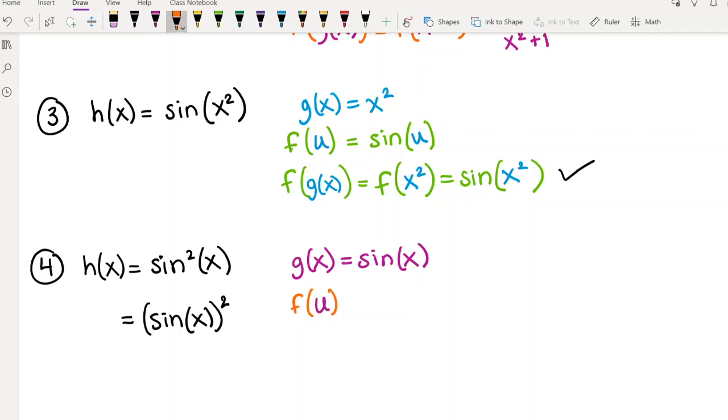So the outside function is going to be u squared. And so if we put these together, we take f of g of x, and that means that instead of g of x, we can write sine of x, right? Because sine of x is what g of x is.